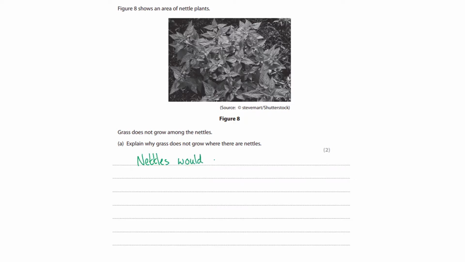The nettles would block the light, so the grass could not photosynthesize.